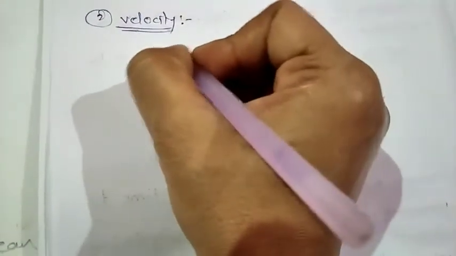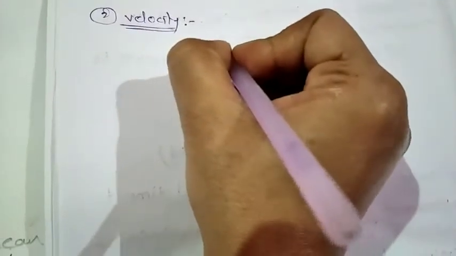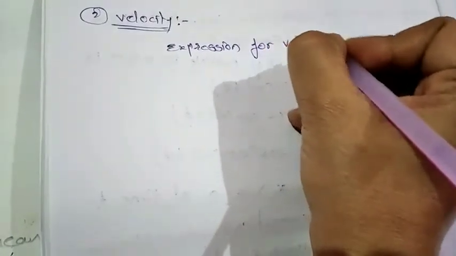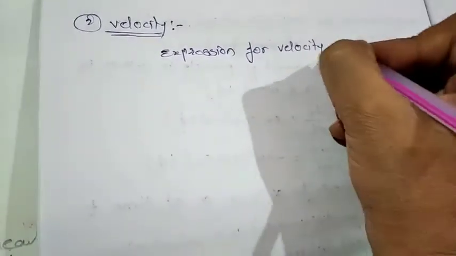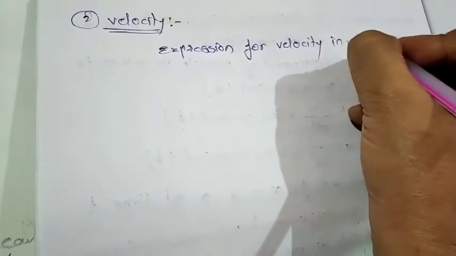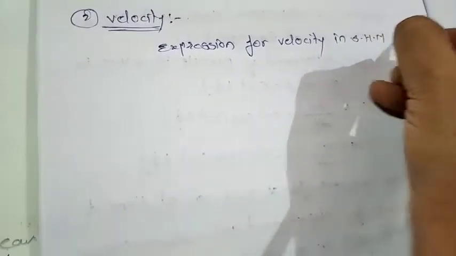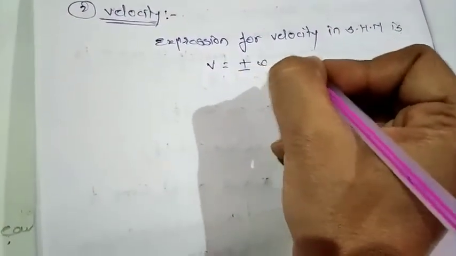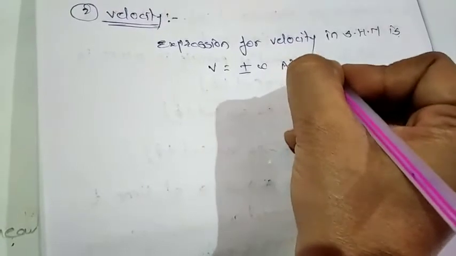So the expression for velocity in SHM, we know that expression. In the last lecture we have seen that v is equal to plus or minus omega root of a square minus x square.